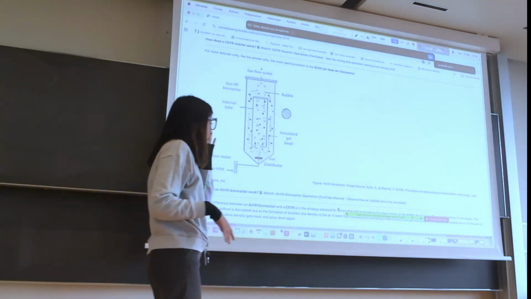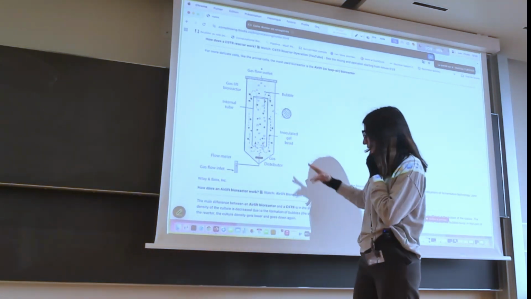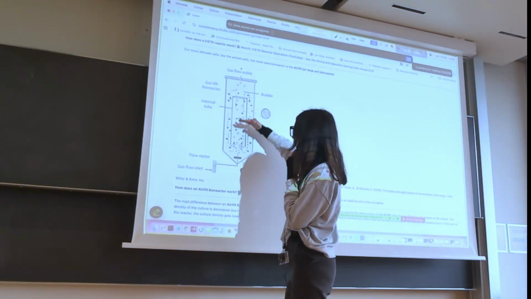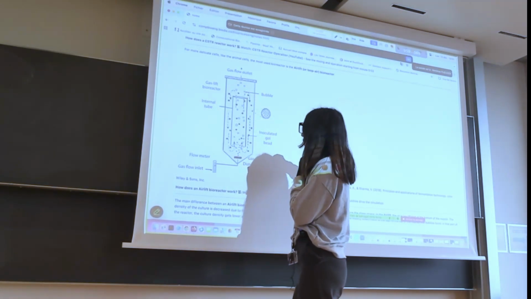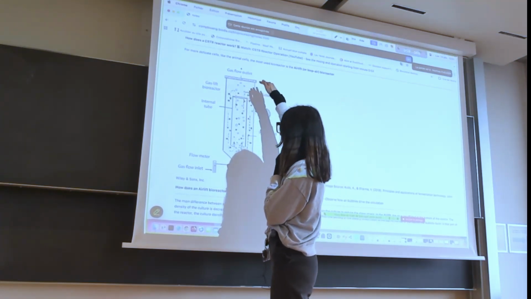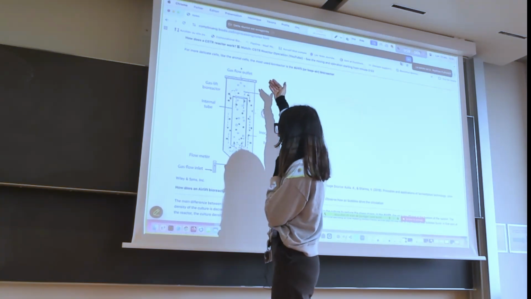So thanks to the formation of the bubbles, the liquid goes to the top, up to here, where there is a flow out of the gas.